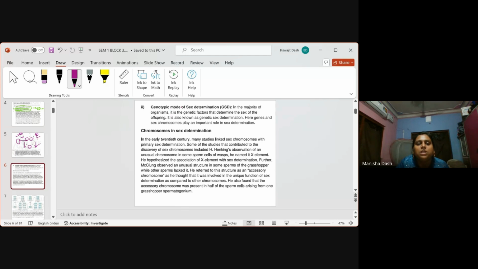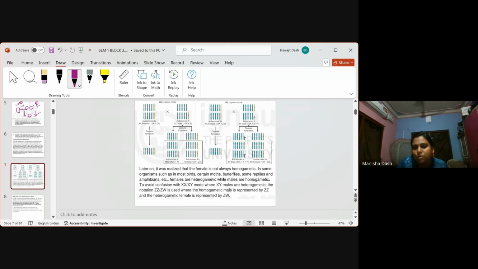Now, if we look into the genotypic mode, that is most common in many of the higher groups of organisms, even including human beings. So we have this XY method of sex determination. In the case of humans, the females are homogametic, meaning they have 2 copies of the X chromosome.